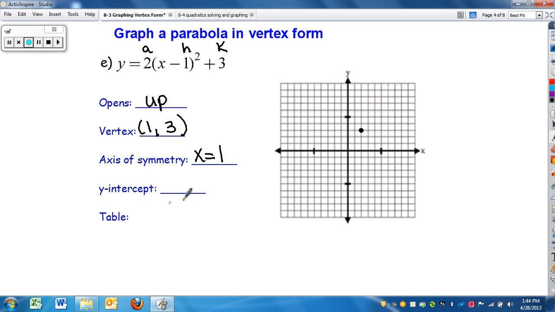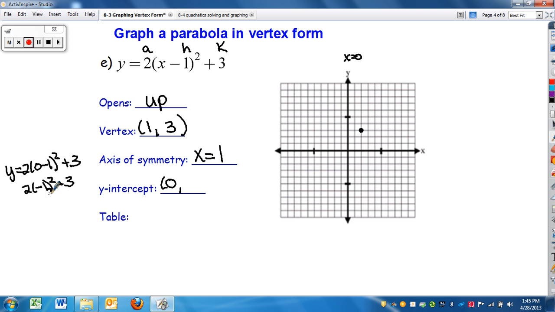To get the y-intercept, remember the y-intercept is where x equals 0. So I'm going to plug 0 into my equation. So y equals 2 times 0 minus 1, squared, plus 3. Again, take it in steps, don't rush it.